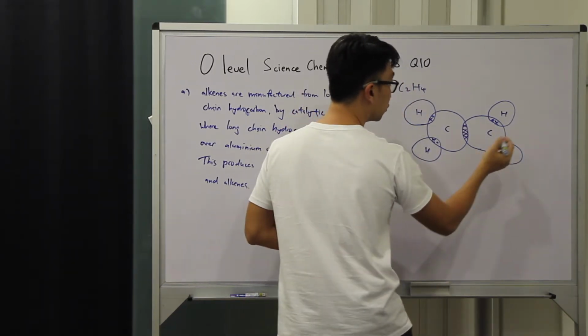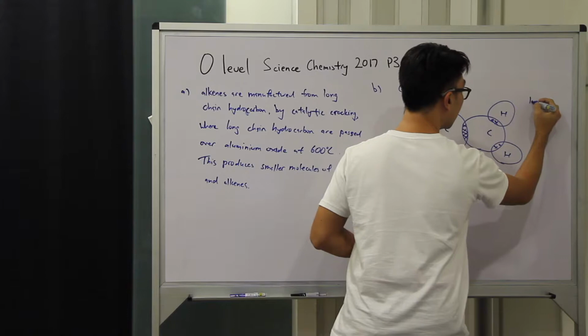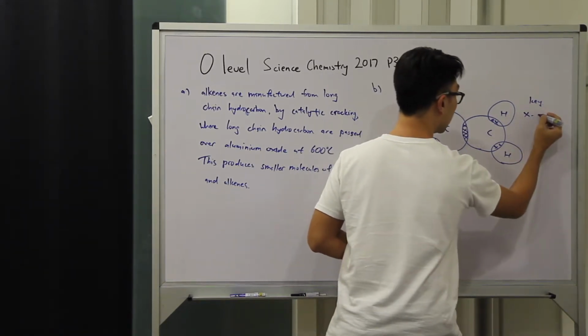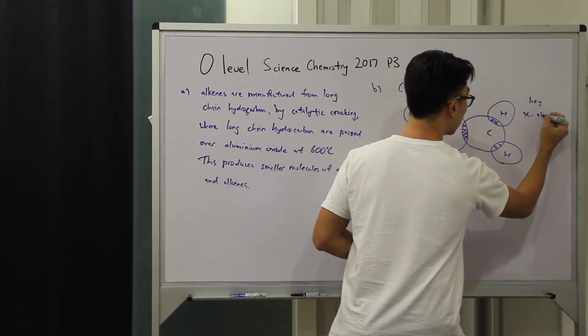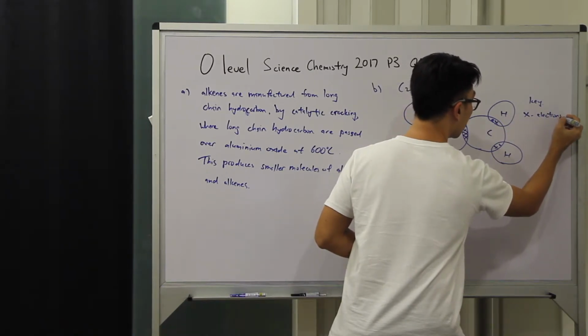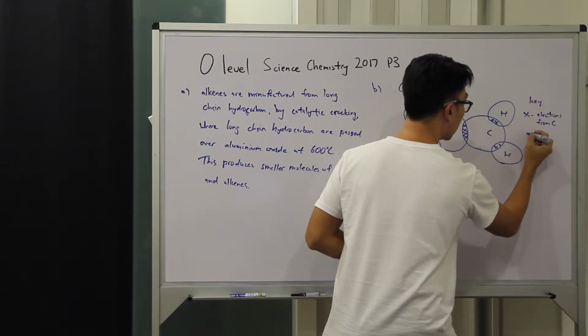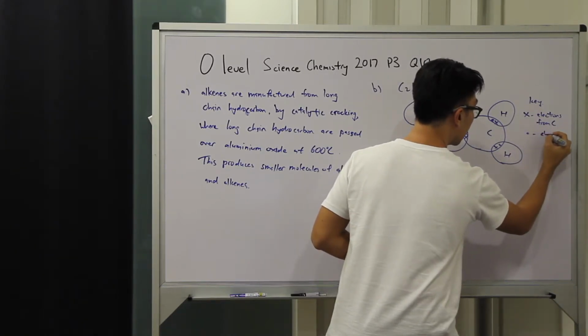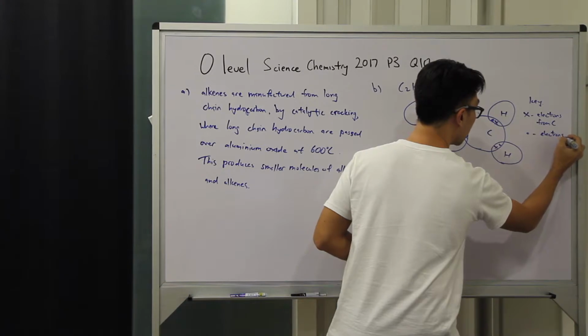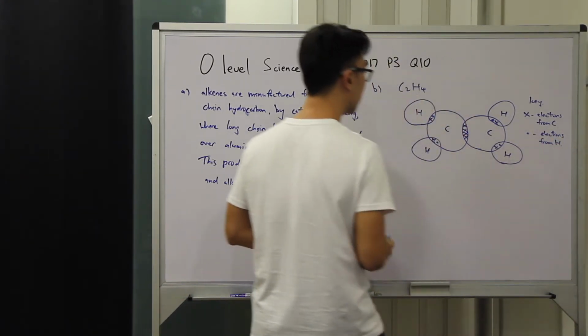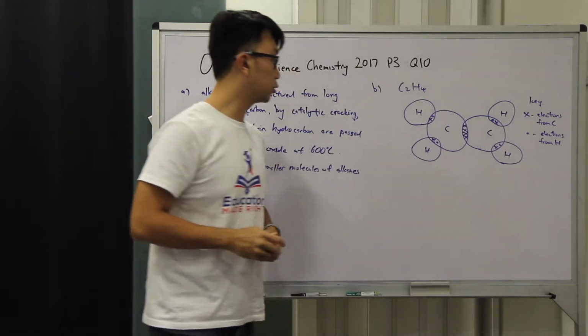Alright, so remember to write your key. The crosses are electrons from carbon, whereby the dots are electrons from hydrogen. Alright, so this will be it.